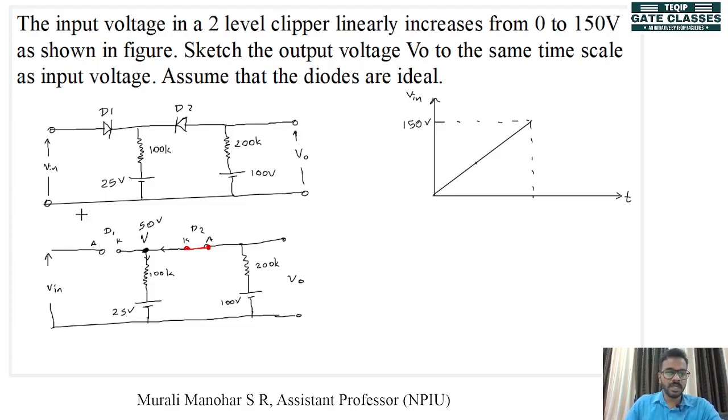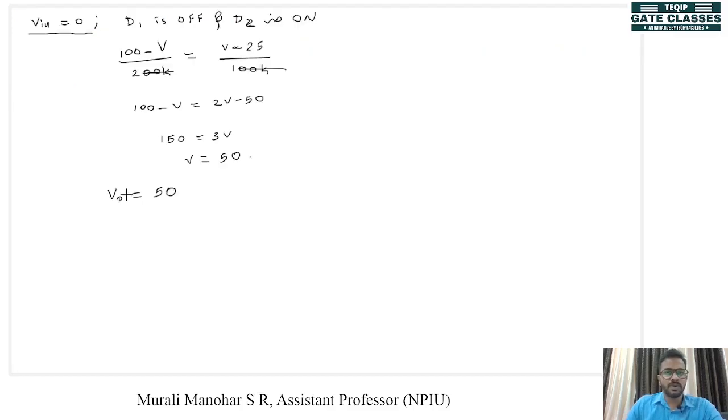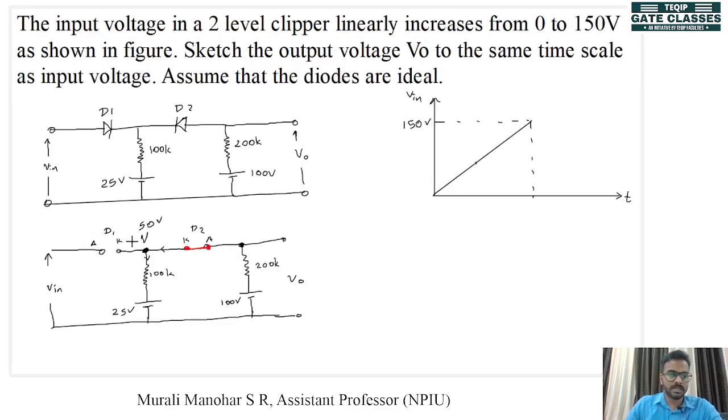That condition will be when anode voltage of D1 is greater than 50 volt, right? So when anode voltage of D1 is greater than 50 volt, D1 is also turned on, and that changes this whole thing.